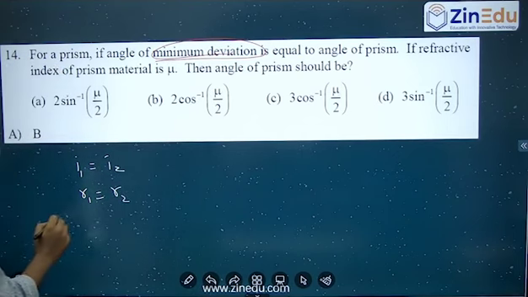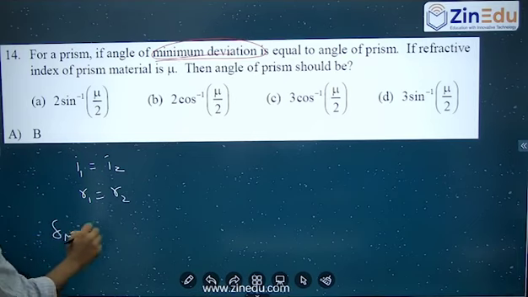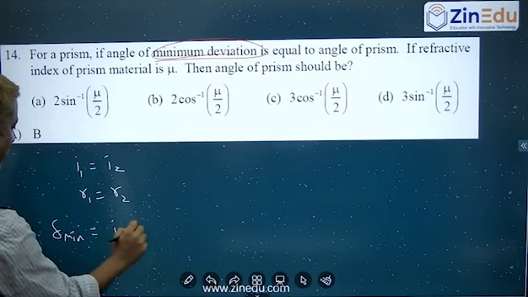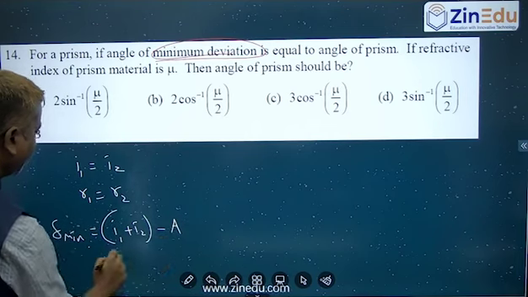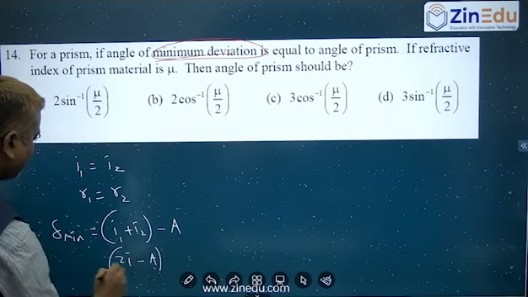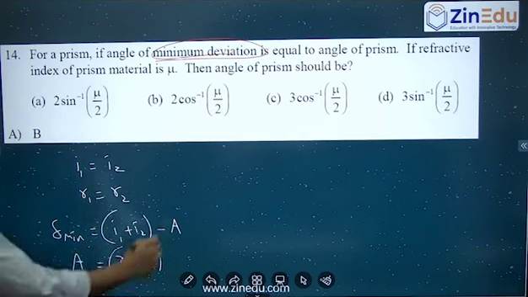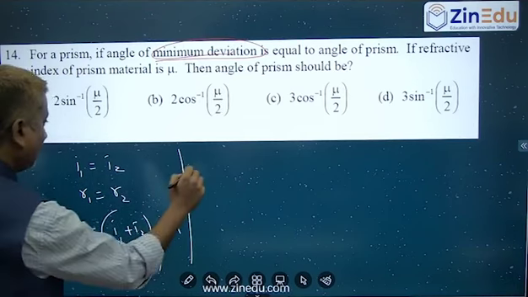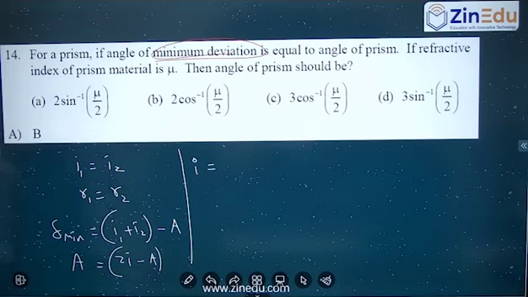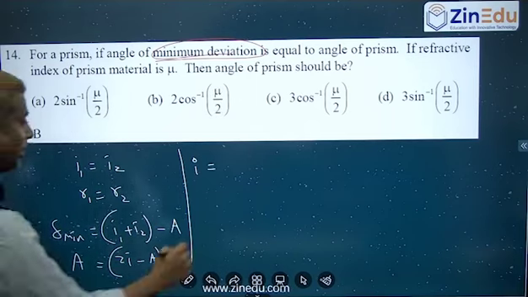So delta min is equal to I1 plus I2 minus A, actually 2I minus A, correct? And that is equal to the angle of prism. So in this case you will get 2A is equal to 2I, so I is equal to A.